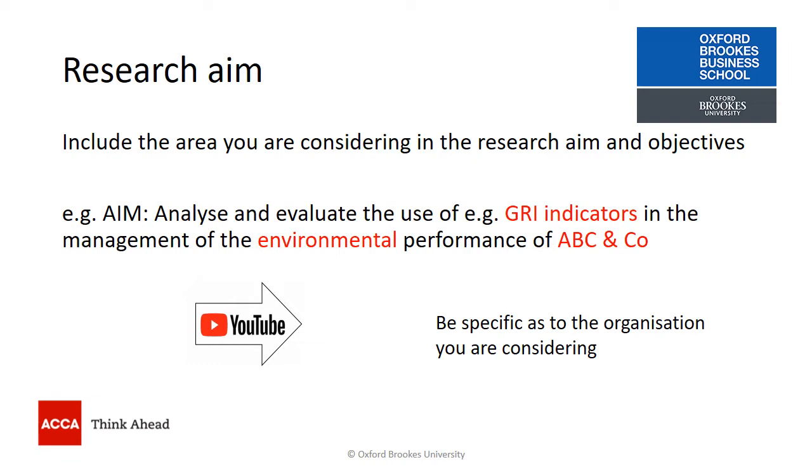But generally be very specific in terms of that area that you're investigating and the organisation you are considering. If you want further advice, please look at the YouTube video specifically dedicated to research aims and objectives.